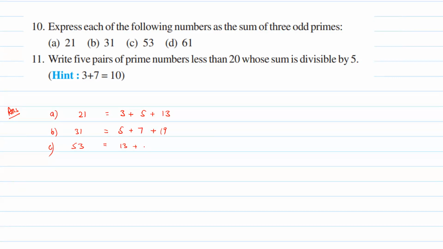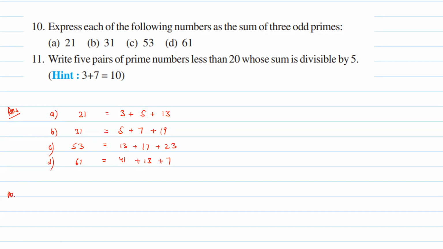You have to write odd primes, so you cannot write 2. Plus 17, which is 30, plus 23. Then D, 61. We have to start with the bigger one. 41 plus 13 plus 7.